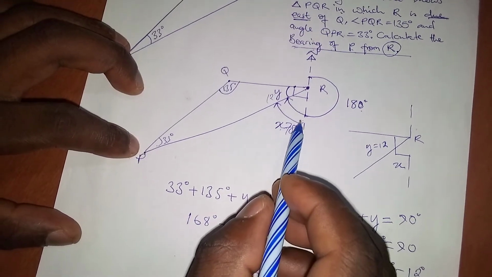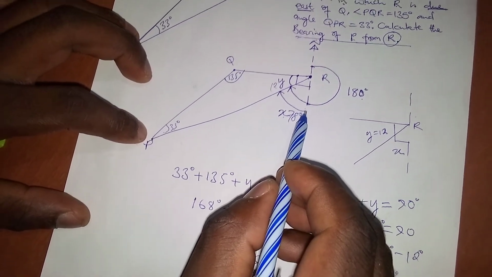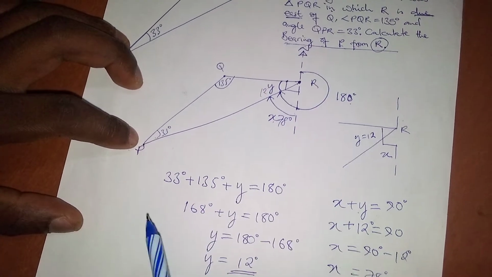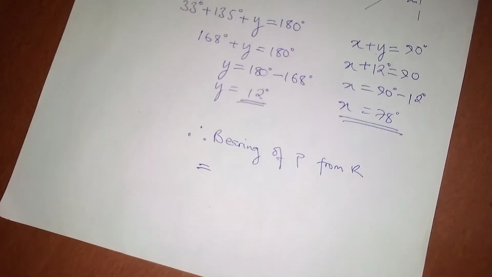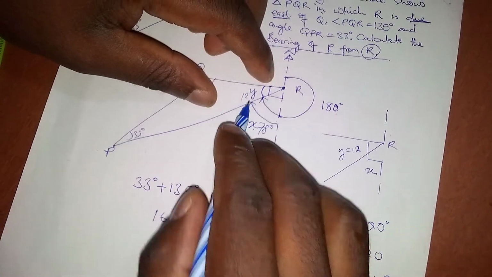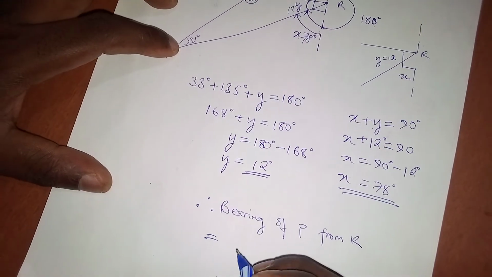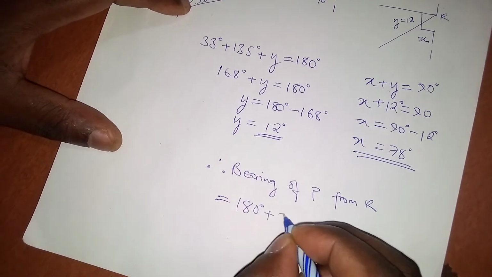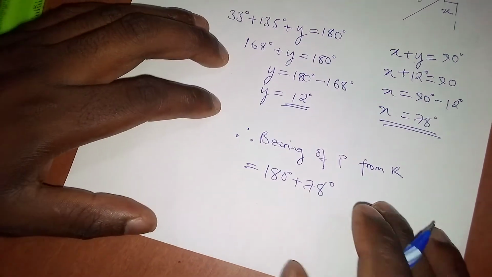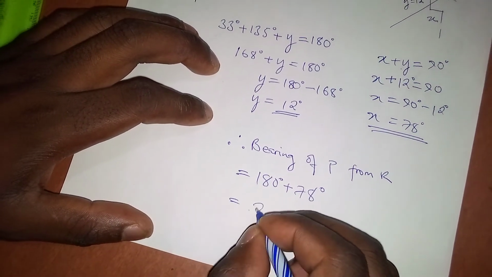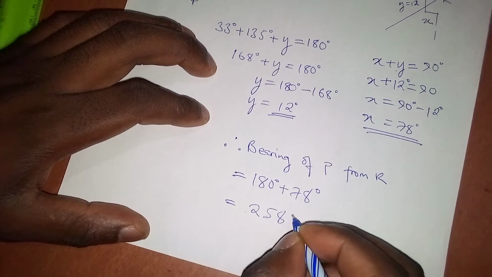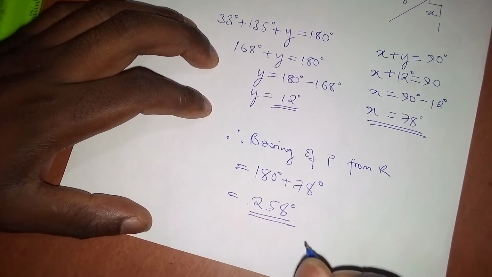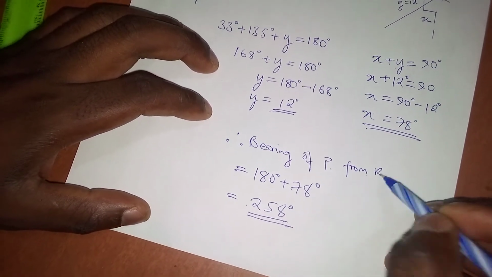Then we found this angle for us to know the total angle from this point to that point. Therefore, the bearing is 180 degrees plus 78 degrees. This gives us 258 degrees. That is the bearing of P from R.